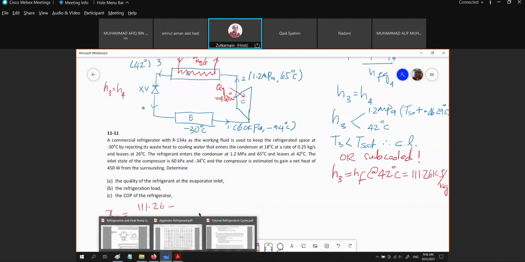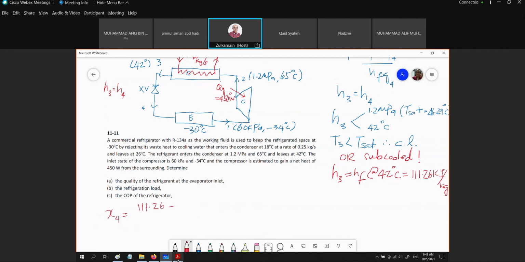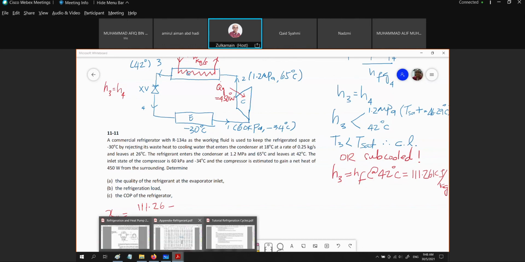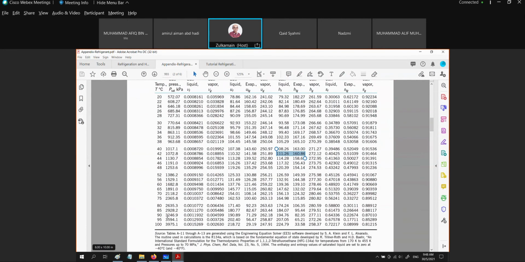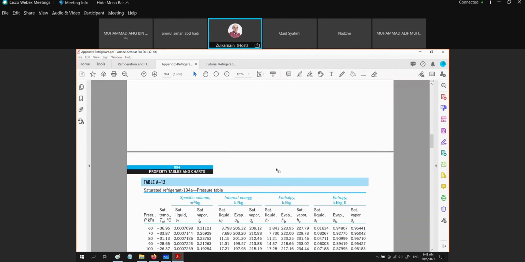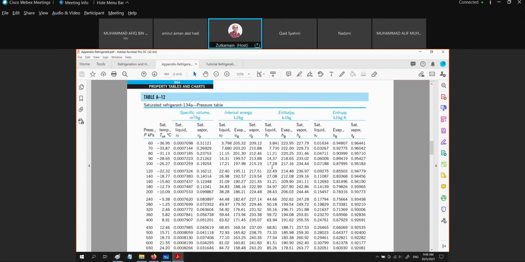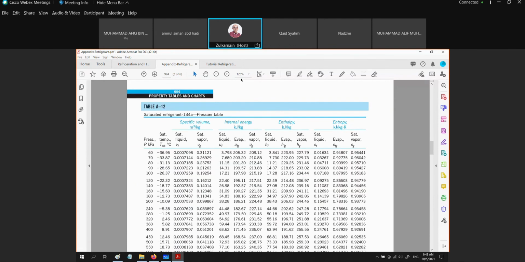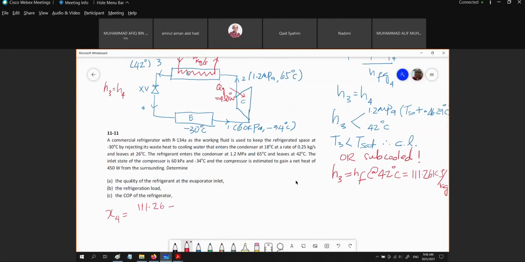State 4 is at 60 kPa. At 60 kPa, this is the value of HF.